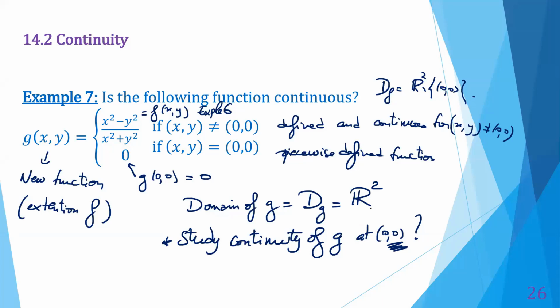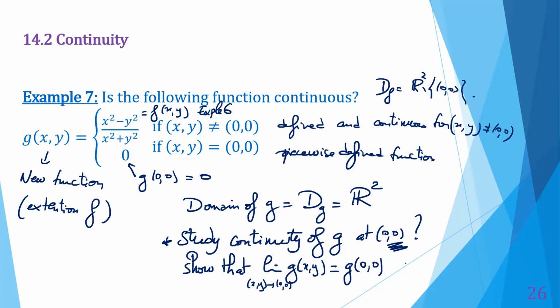What should we show to be sure that we have continuity at 0, 0? To answer this question, we have to show that the limit of g of xy when xy tends to 0, 0, when we approach 0, 0, the output approaches g of 0, 0. This is what we have to show to prove continuity at this point.